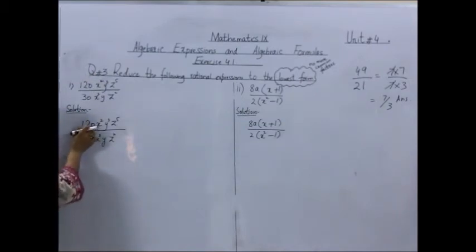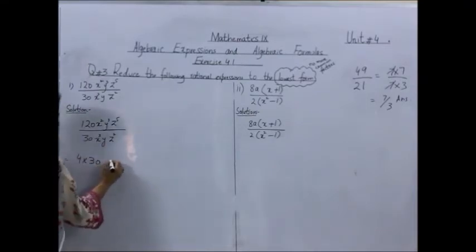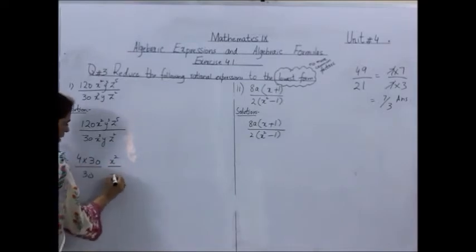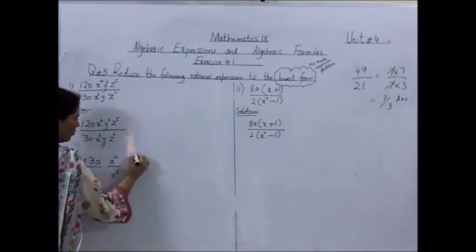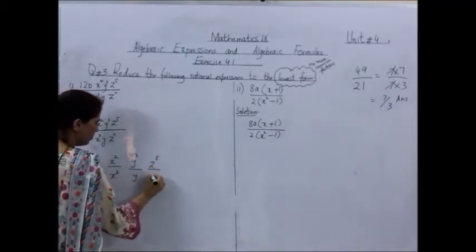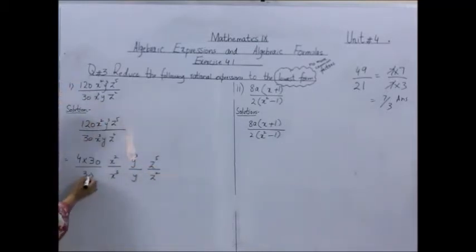So 120, we can write it as 4 into 30, because 30 is in the denominator, so we can reduce 120 into 4 into 30, x square, x cube, y cube, y, z5, z square. 4 is left over here.